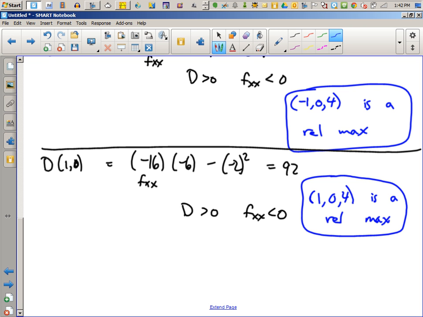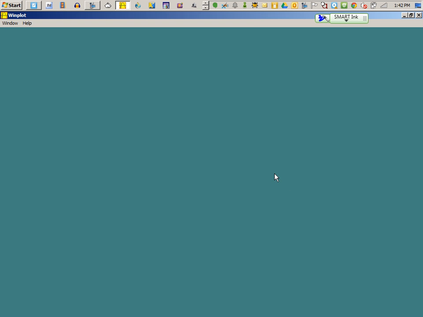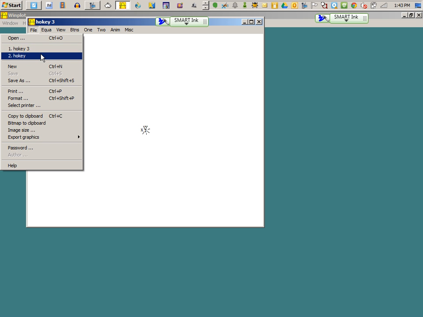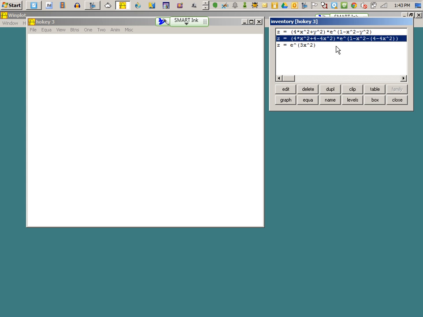I need to save a little time. My whole goal is to get the concept across, and I'd like to show you the graph, okay? If the computer will obey me, computers sometimes struggle a little bit with graphs like these. I believe this is the function.